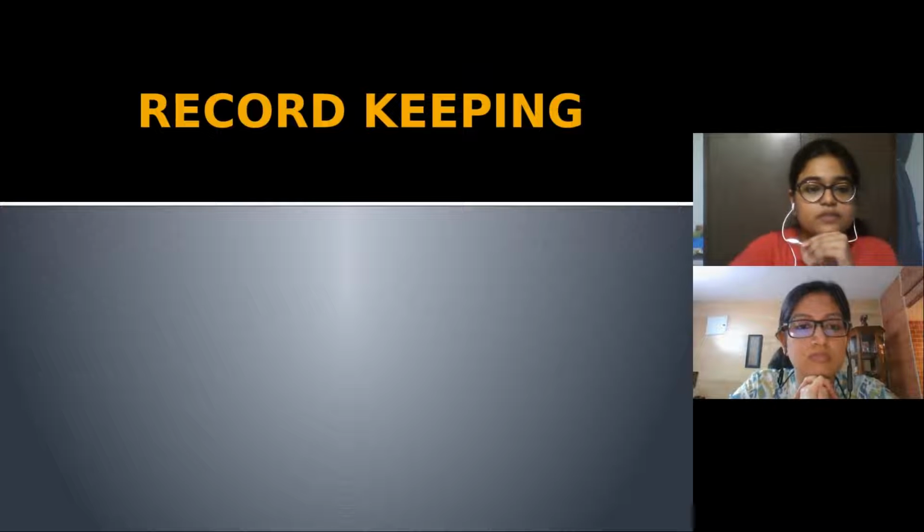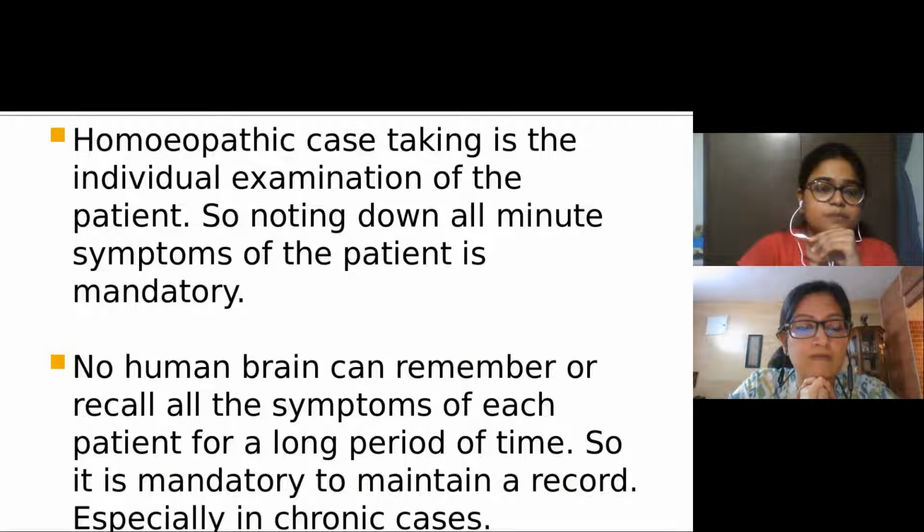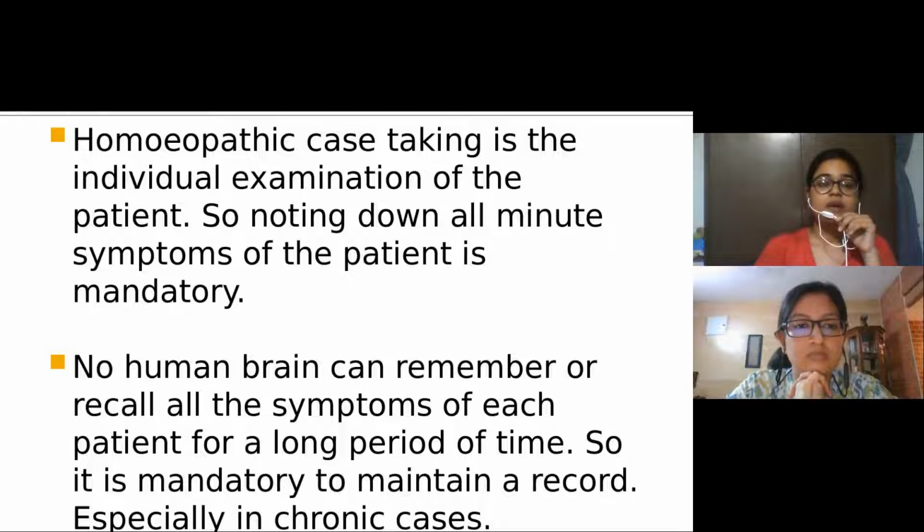Then record keeping. So record keeping क्या है? So like we discussed that homeopathic case taking is an individualistic approach. So it is the individual examination of the patient. So noting down all minute symptoms of the patient is mandatory. That will differentiate that patient from others, like his mental generals, his physical generals, his modalities.